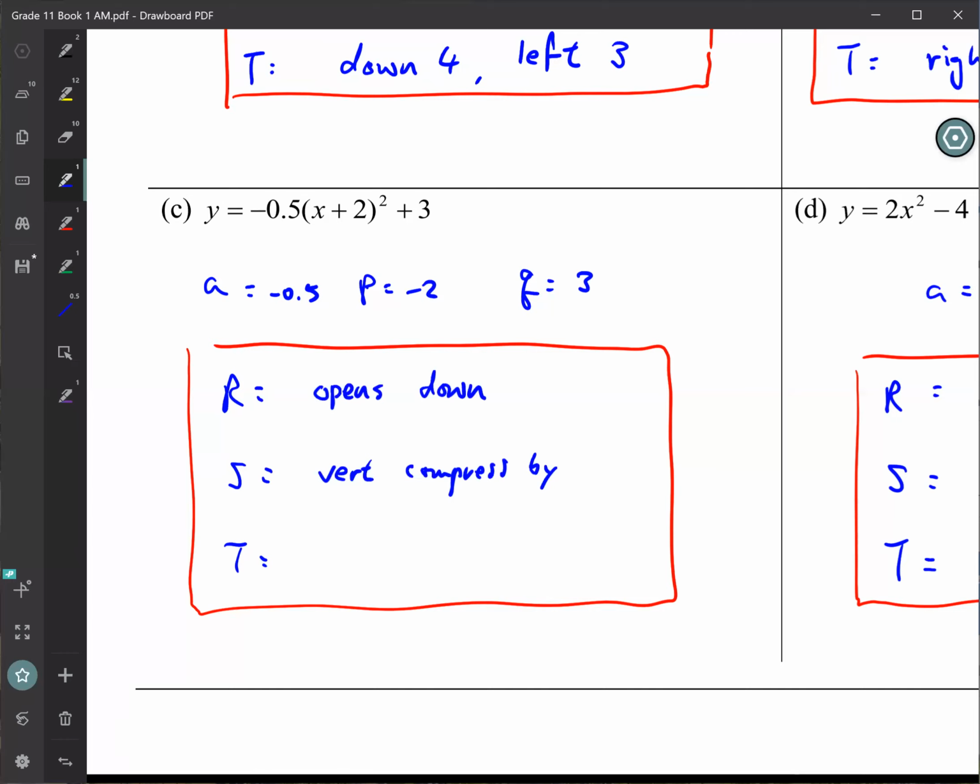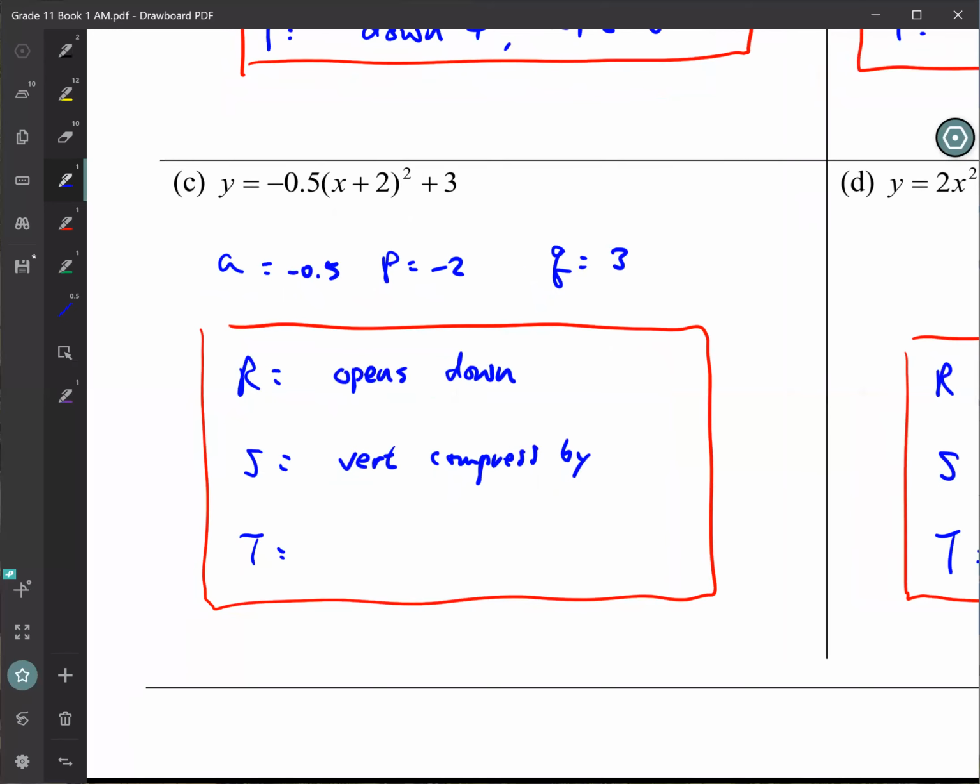What's the value of A? Is it by 0.5? Yeah, okay. You just ignore the negative sign. It's negative 0.5, but ignore the negative. Okay, T. And then it goes left 2 and up 3. Yeah, very good. Left 2 units, up 3 units.